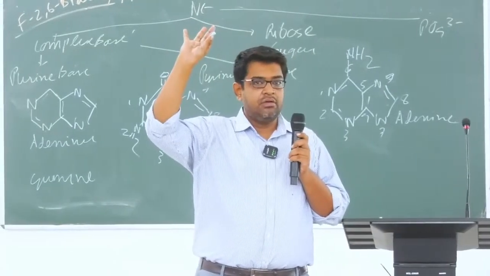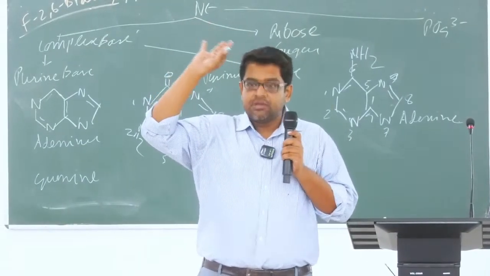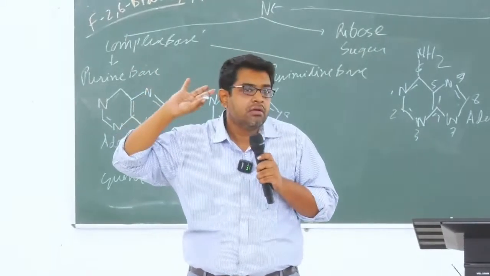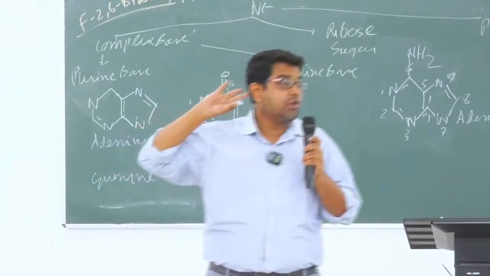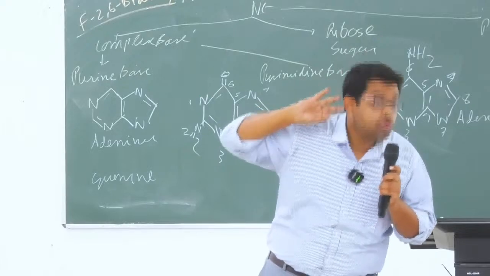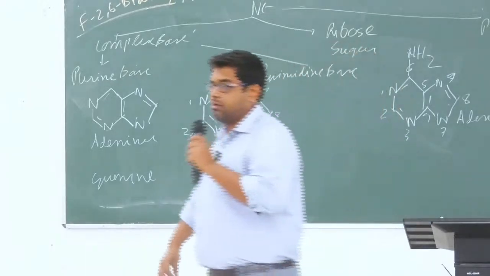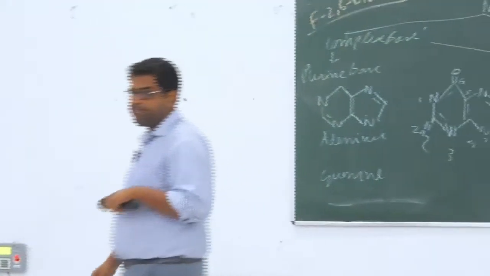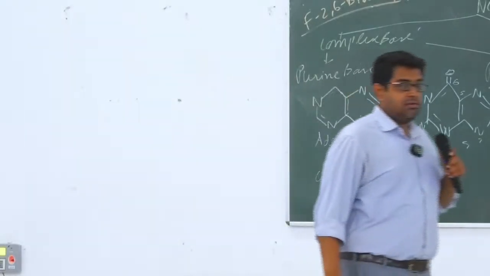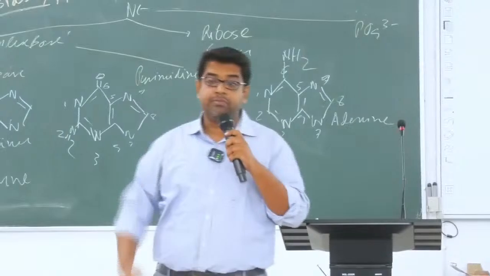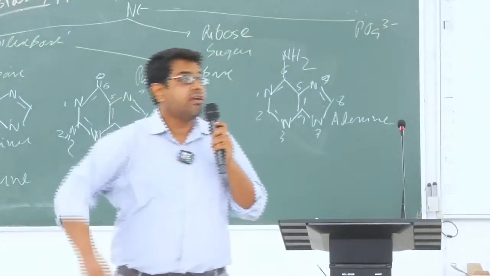I started with an N. So adenine is 6 aminopurine. Guanine is 2 amino 6 oxopurine. Very good. That's how you remember it. That's how I was taught in my college. That's how I want to teach you people, so that you can carry it home.